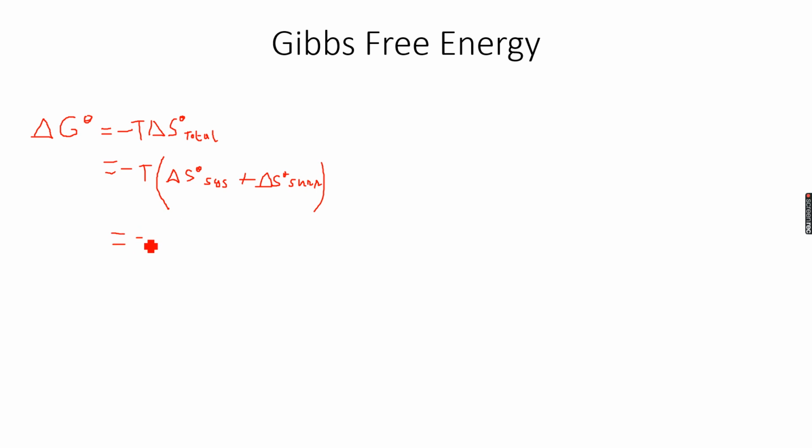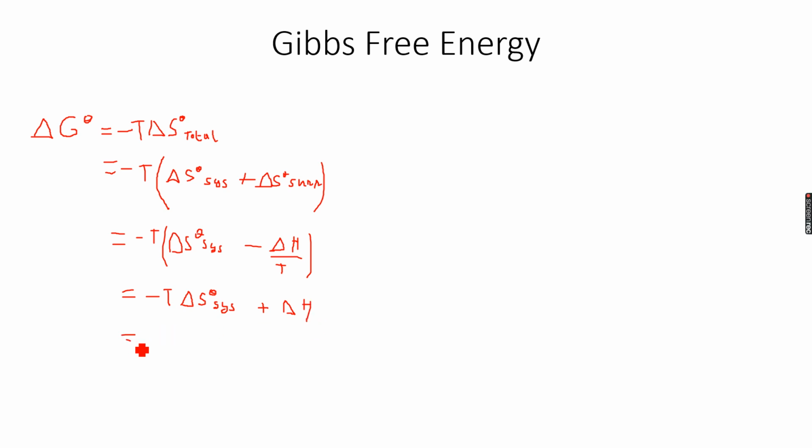Then we write delta S naught system, same thing, but instead of delta S naught surroundings, we write the formula of delta S naught surroundings, which is minus delta H over T. Then we open this bracket, so this becomes minus T delta S naught system plus, because minus minus becomes plus, and the T cancels out, so plus delta H.